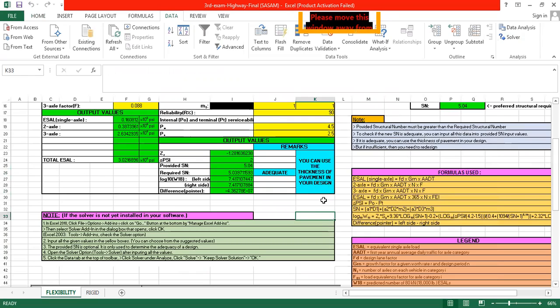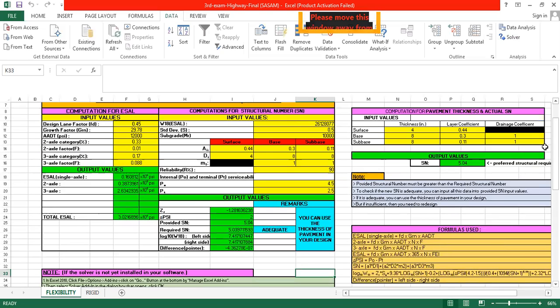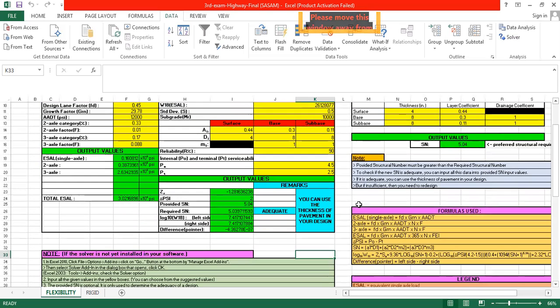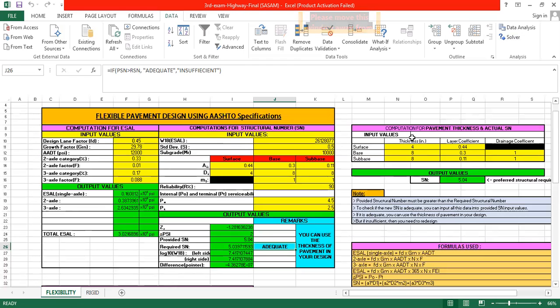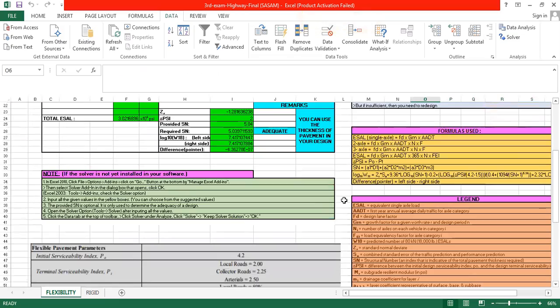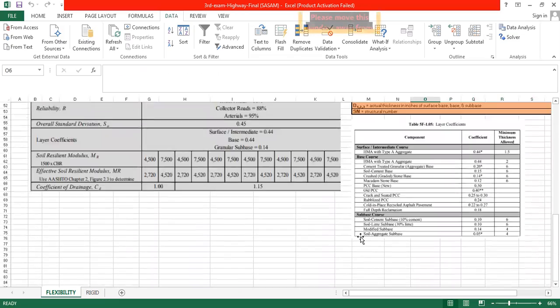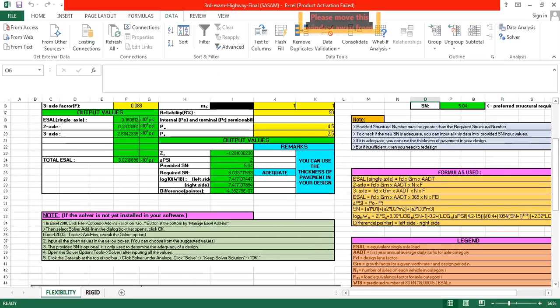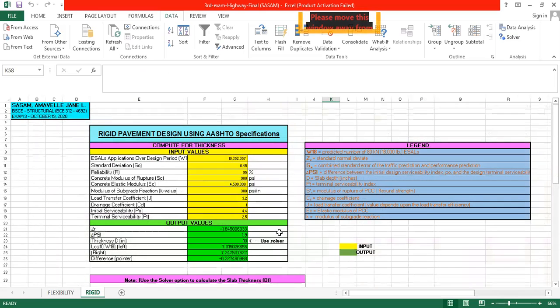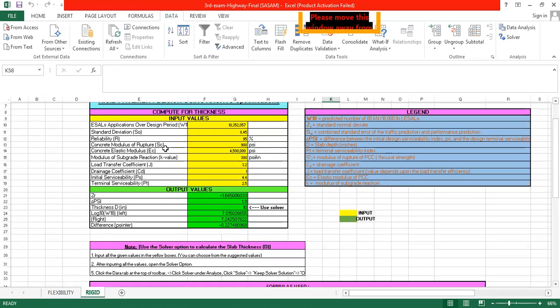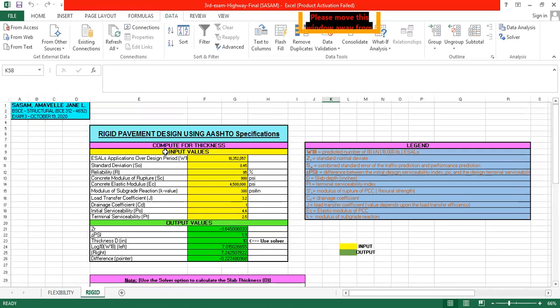So you can use the thickness of the pavement in your design. However, if it becomes insufficient, then you need to redesign again. Alright, so I guess that would be for the flexible. Then the next one is for the rigid. So again, we are going to compute for the thickness. We have here the input values, output values, and the legend.